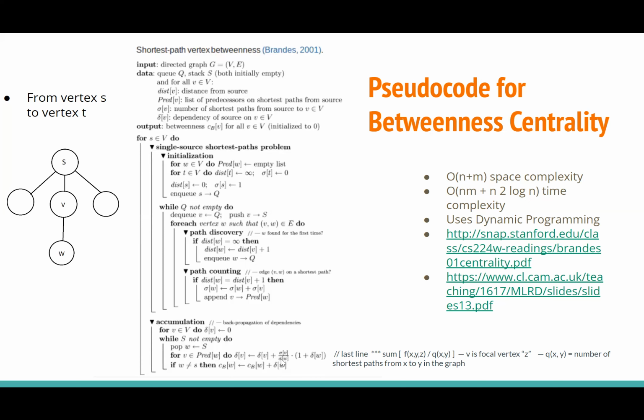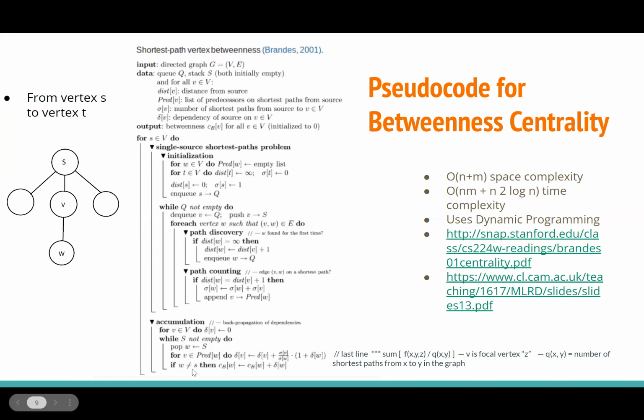So this is how the dynamic programming comes in, where we keep all of the amounts of dependency, or sorry, of betweenness, excuse me, from one node to its predecessor. So we find the dependency value of W, and we can use that to calculate the dependency value of V, and so on and so forth.